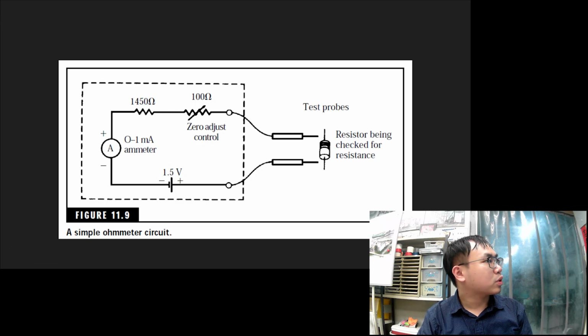You just put the probes over the tips of the resistors to measure its resistance. You don't have to memorize this one, but bear in mind that the ohmmeter needs power, needs voltage, needs a battery to power it. If you don't have a battery inside, you can't measure the resistance accurately.